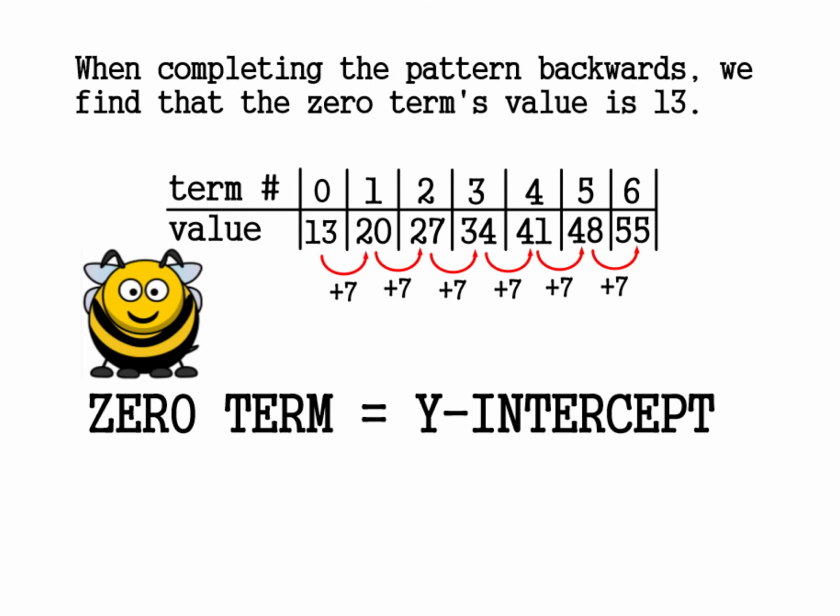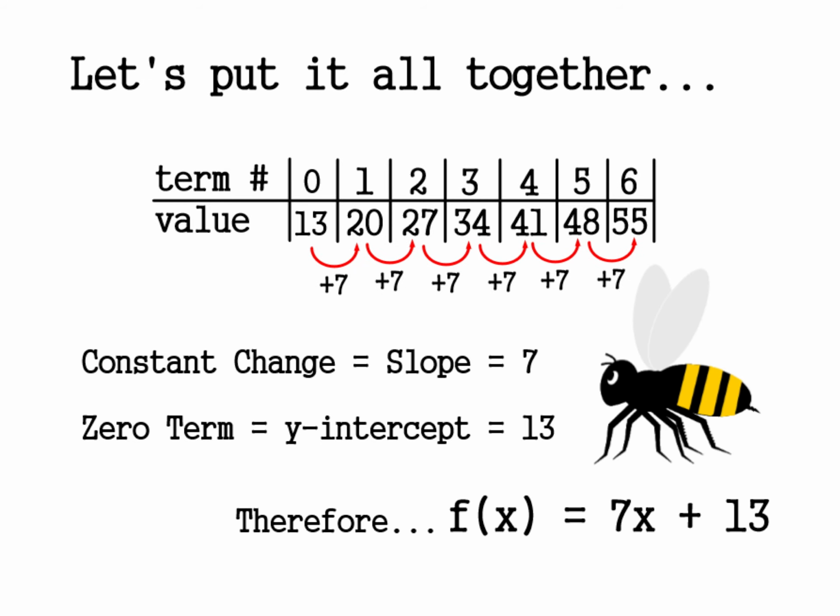All right, so we now know our slope, and we now know our y-intercept. We did all the work for that. So if we know our slope is 7 and our y-intercept is 13, remember when you have y equals mx plus b, we're replacing the slope and replacing the y-intercept.